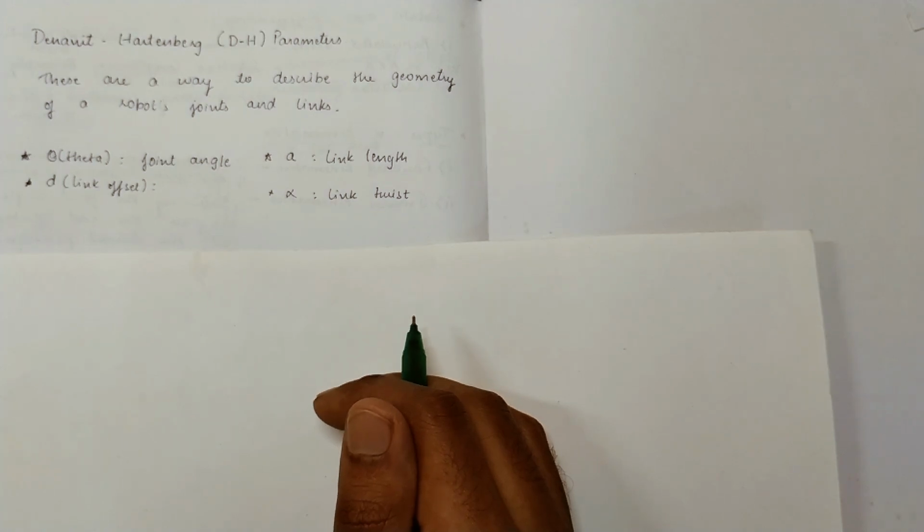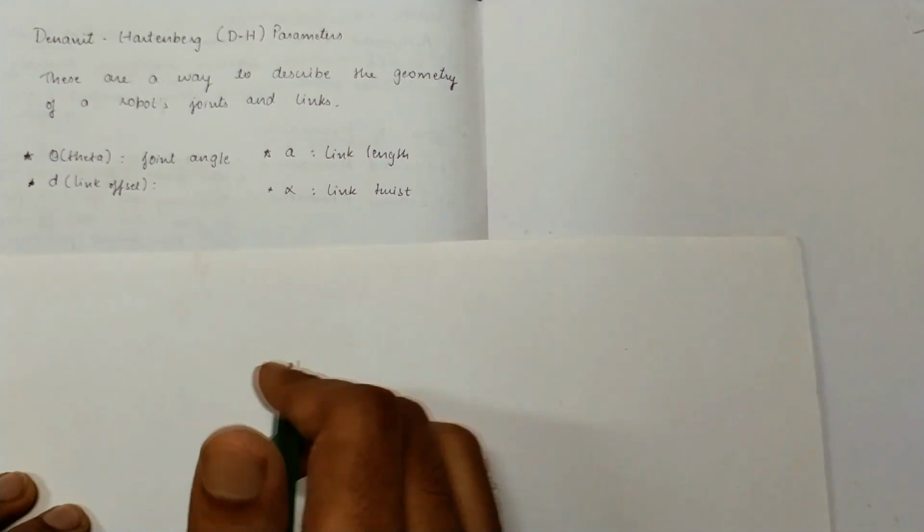Firstly, let's look at theta. Theta is the angle between the x-axis of 2 consecutive frames measured about the common z-axis. So for a rotational joint, this will vary as the joint rotates, and for a prismatic joint it remains constant.